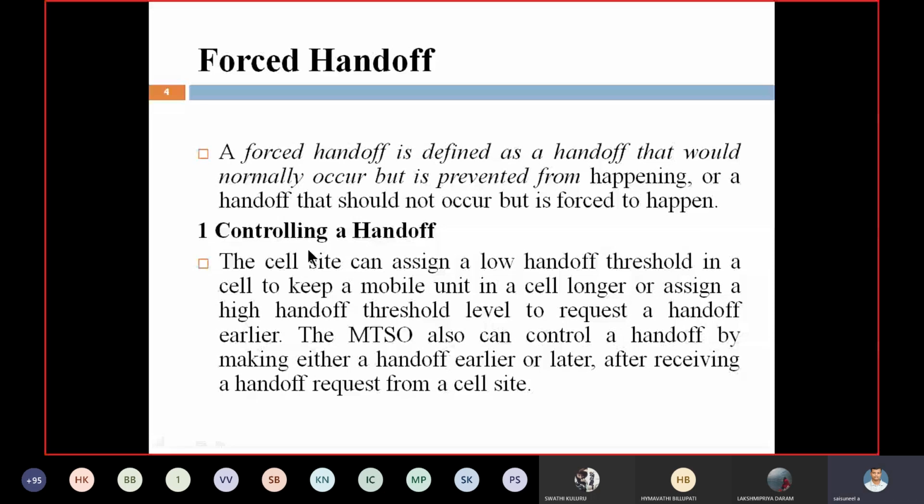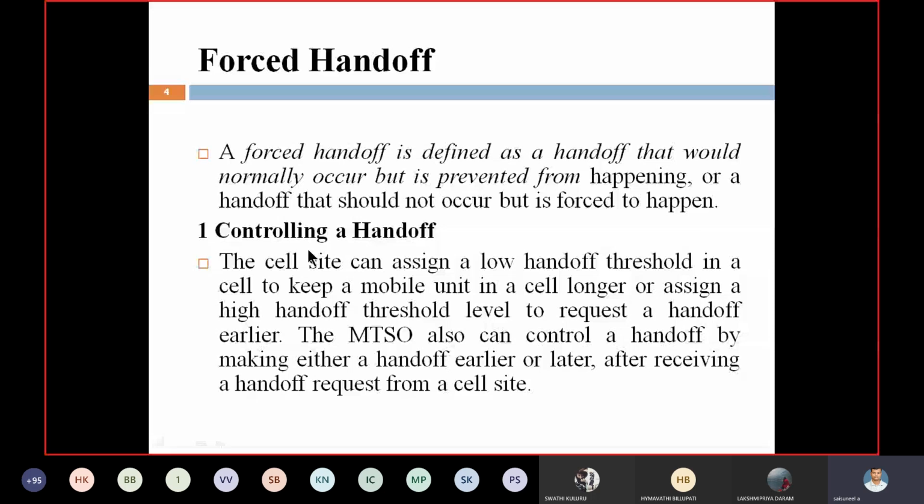Suppose now we give a threshold value of 50 dB. After 50 dB, the call should be terminated. Here, 20 dB is a low handoff threshold and 50 dB is a high handoff threshold value.